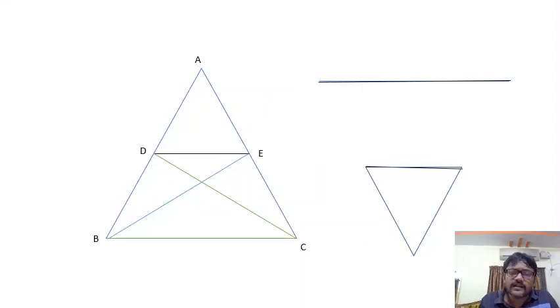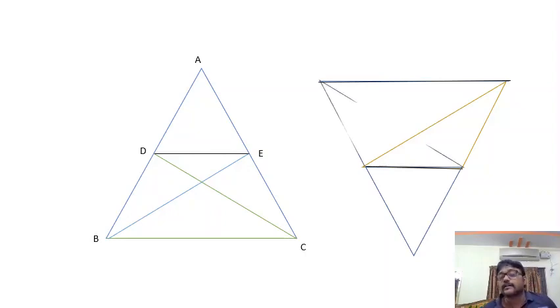To understand the areas of BDE and CDE, let me show you our original diagram in an upright manner. So here you can clearly see that these two triangles lie on the same base, as well as they are in between same parallels. This reminds me of one beautiful fact that we have learned in our earlier classes.